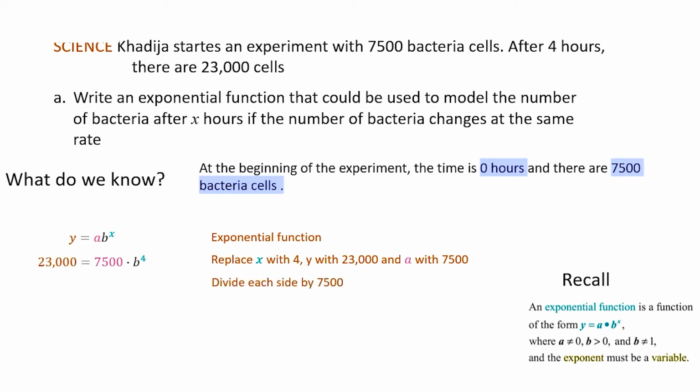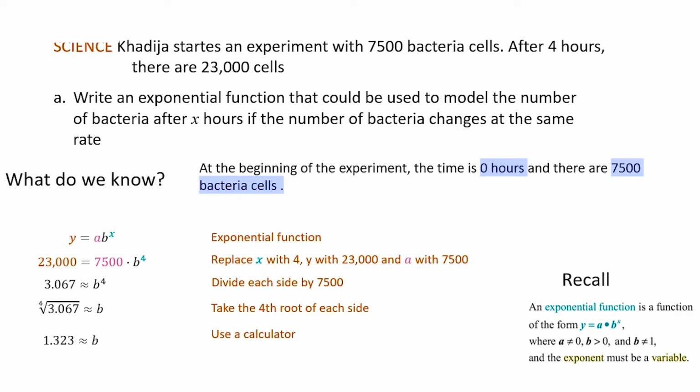So we need to divide by 7,500 and take the 4th root of each side. Use the calculator to get the approximate value for b, which is 1.323.